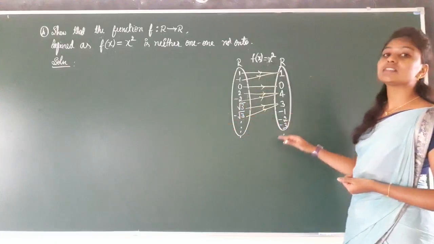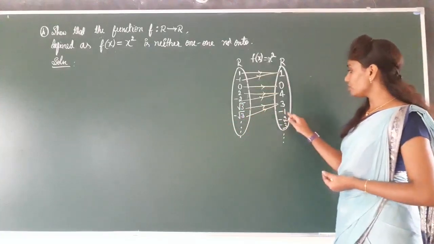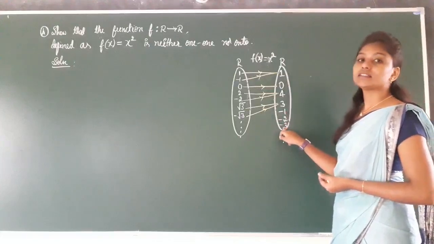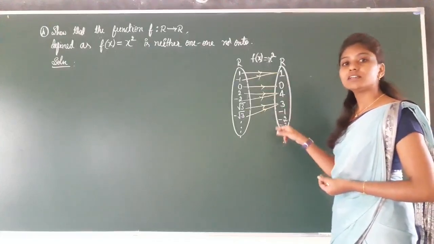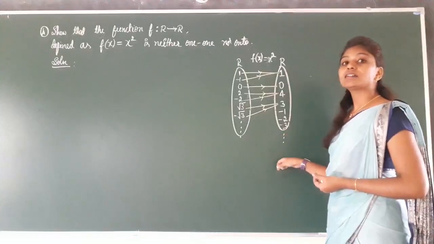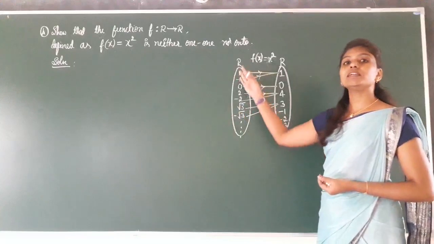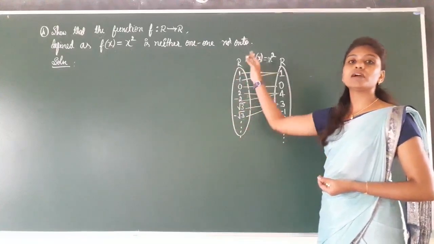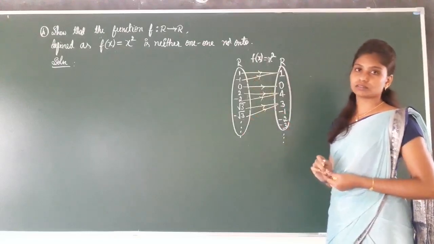That's why this is not an onto function. Minus 1, minus 2, minus 3, that is all negative real numbers, are not the image of any element of the domain set. That's why this is not an onto function.